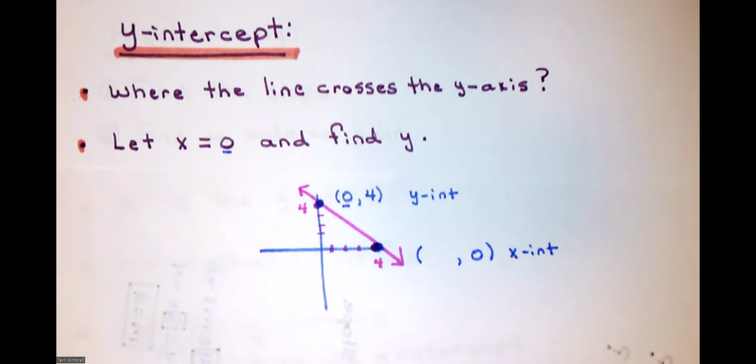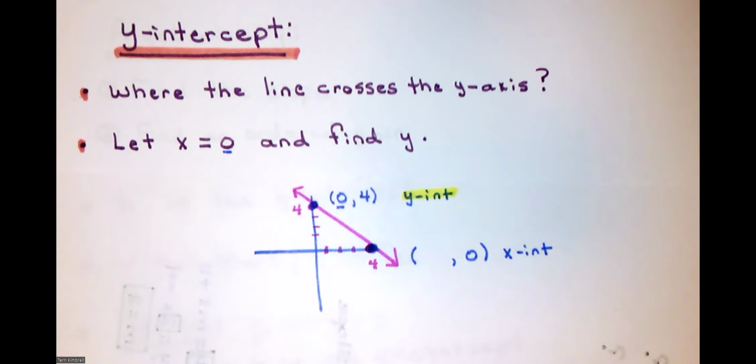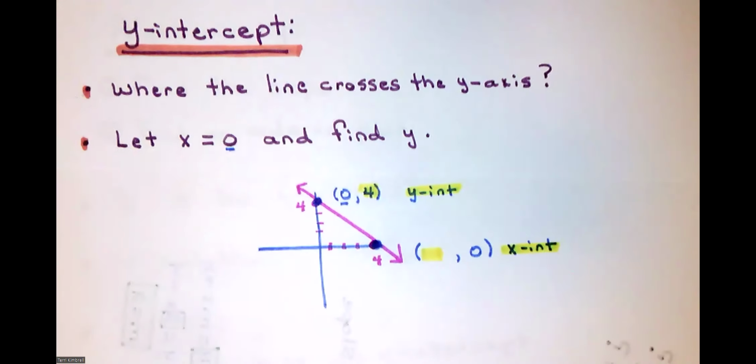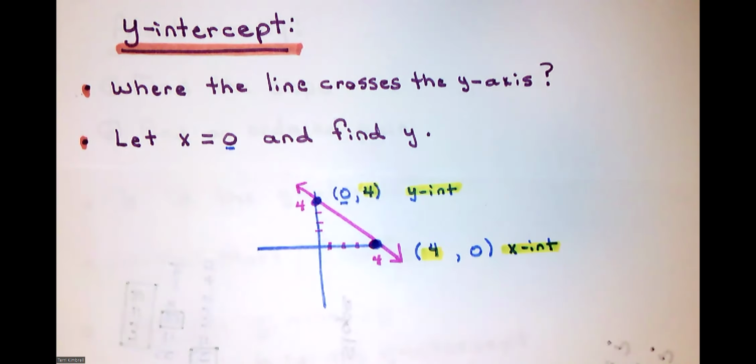So notice that it is the opposite letter. If you are looking for y, you're going to have the 4 in the y spot. If you are looking for x, the 4 is going to be in the x's spot. So pay attention to that because that can be easily confused.